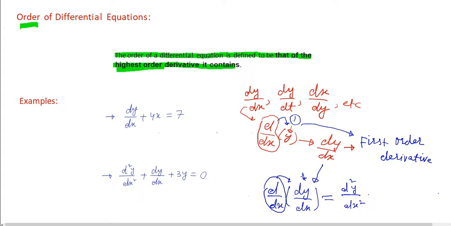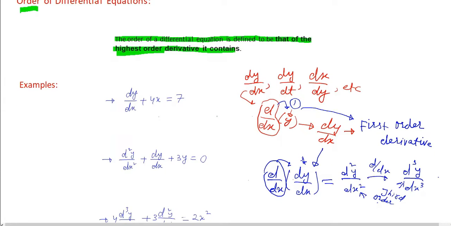Now if we differentiate it the third time, we apply d by dx again, and we get d cube y by dx cube. Because this is the third time, we call it third order derivative.